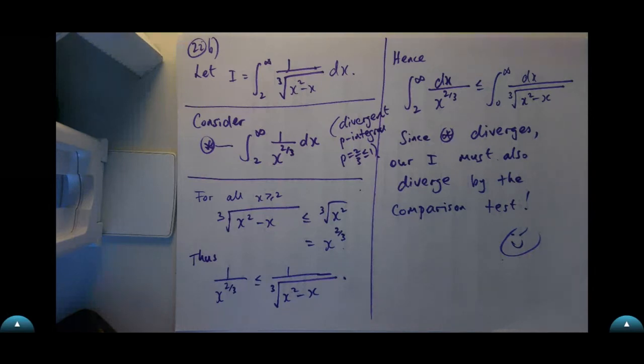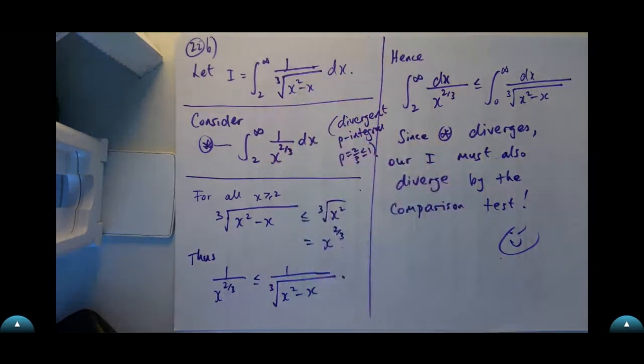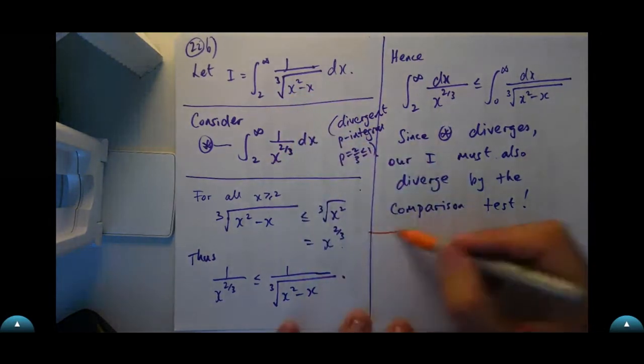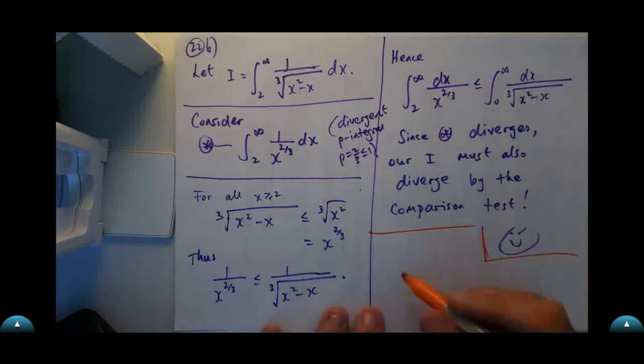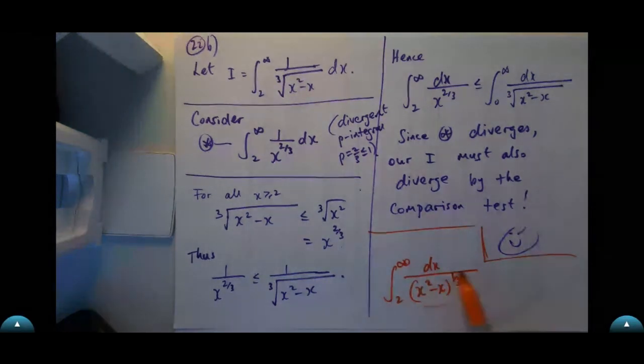Oh, maybe Jovanka, you might be able to do it. You do have x squared minus x though instead of just x, so you might be able to do it using a substitution. I think what Jovanka is saying is you've got something like this, and you can go, well, that's kind of like a p integral right there because you've got the power 1/3.